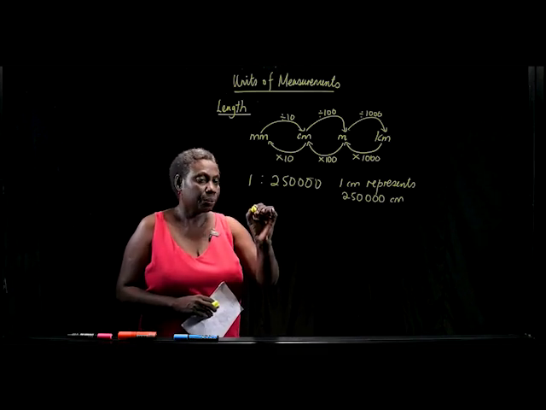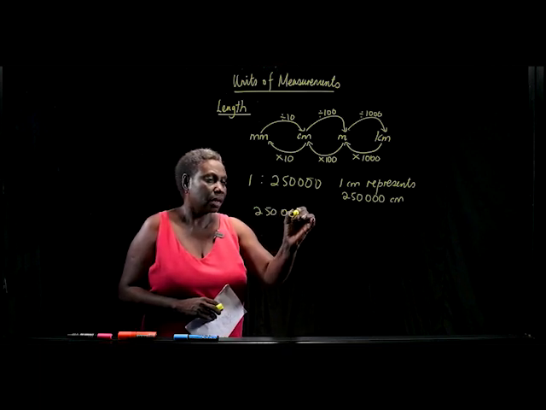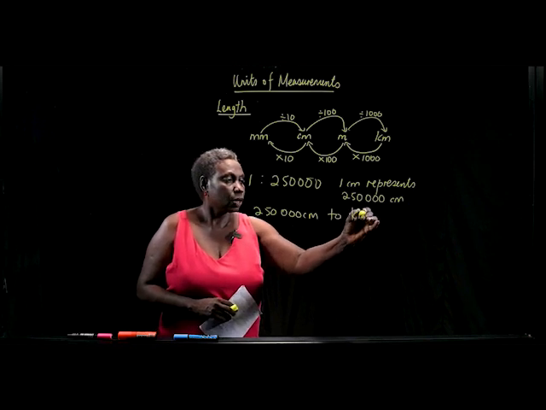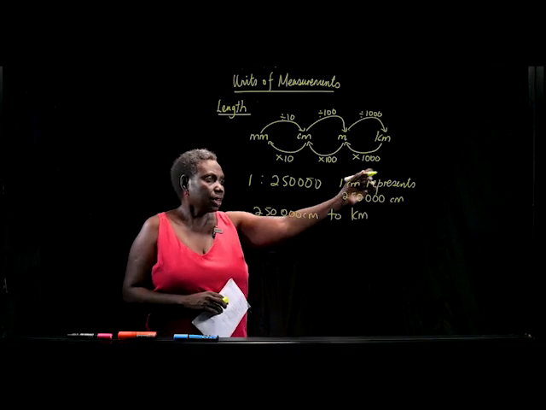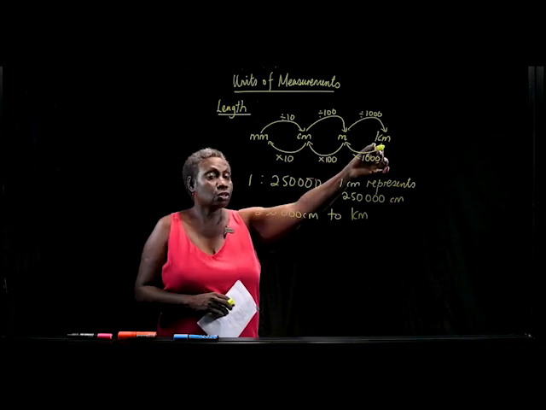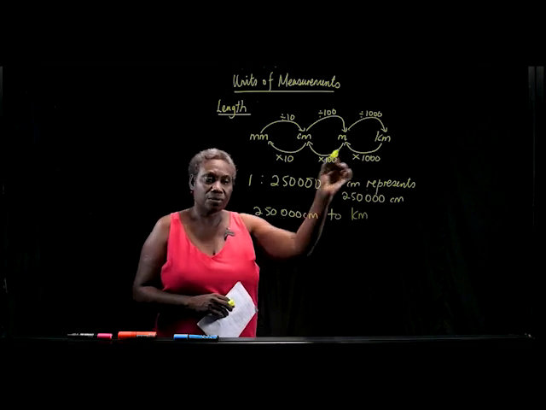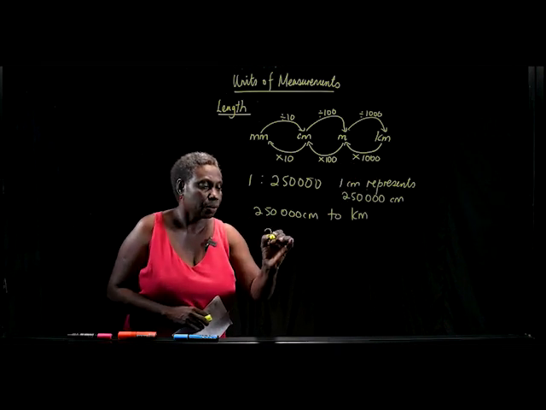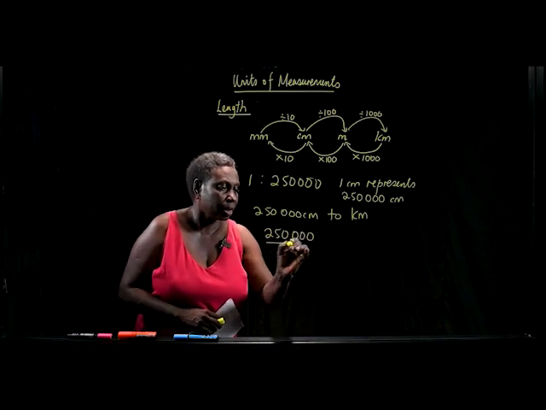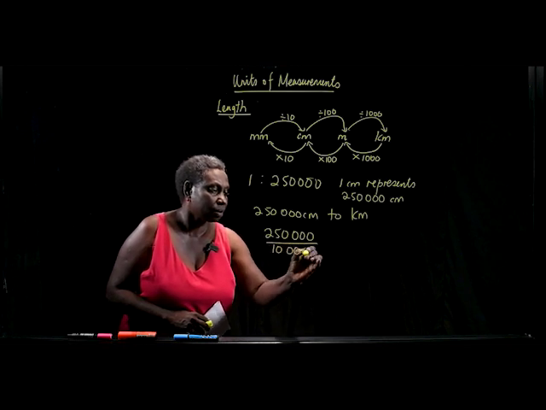Let's say we have 250,000 centimeters, which we want to convert to kilometers. I simply count the number of zeros from centimeters to kilometers. We have 1, 2, 3, 4, 5 zeros. So what I will do, I have 250,000 divided by 100,000.